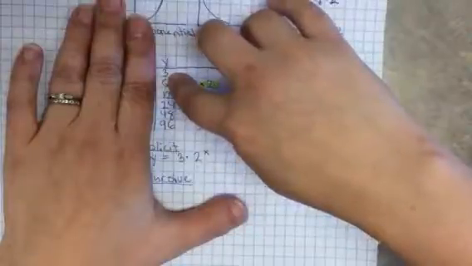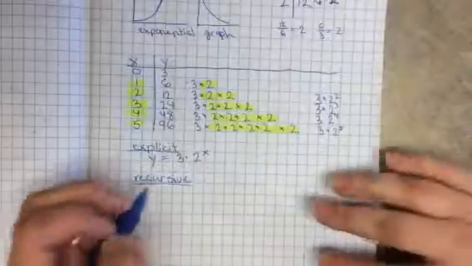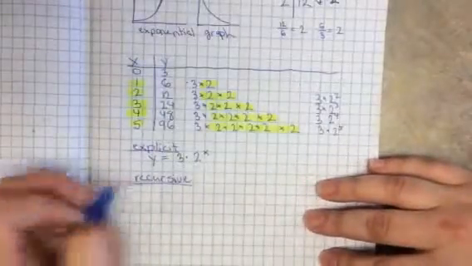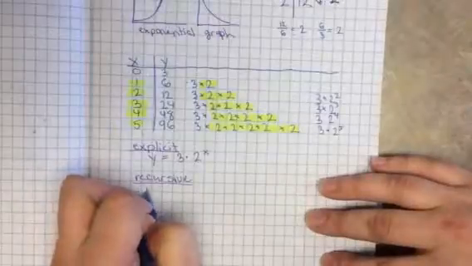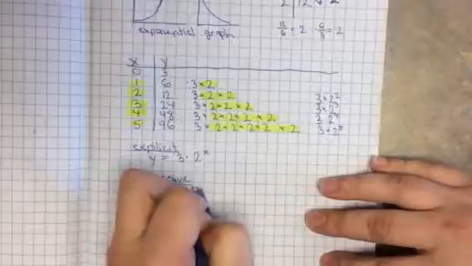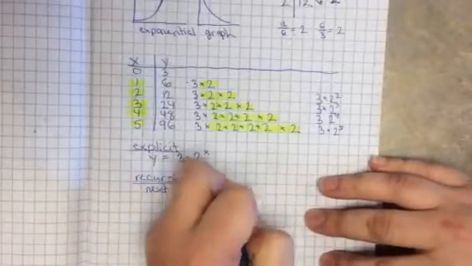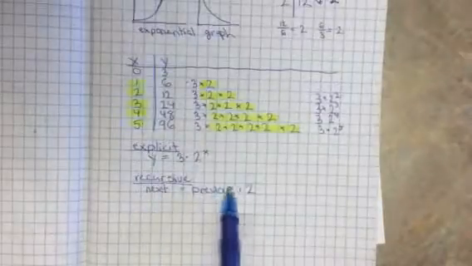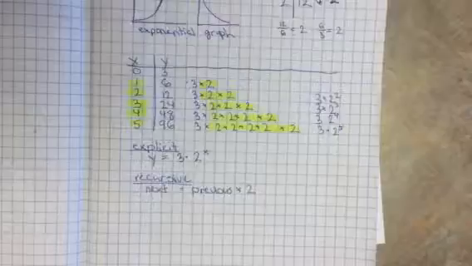Times 2, times 2, times 2, right? So to get down the table, to get whatever term I want, to get the next term, I have to do whatever output came right before that times 2. So that is the recursive equation in informal notation.